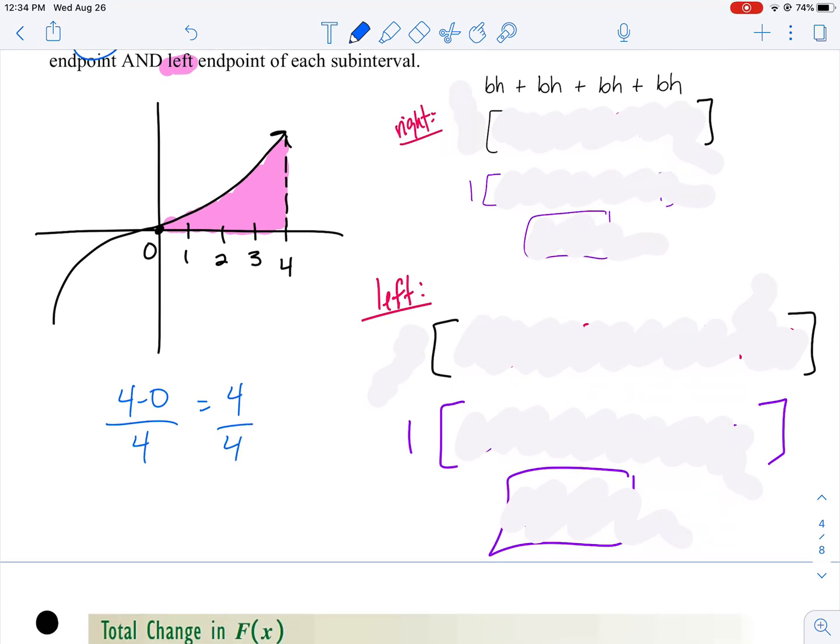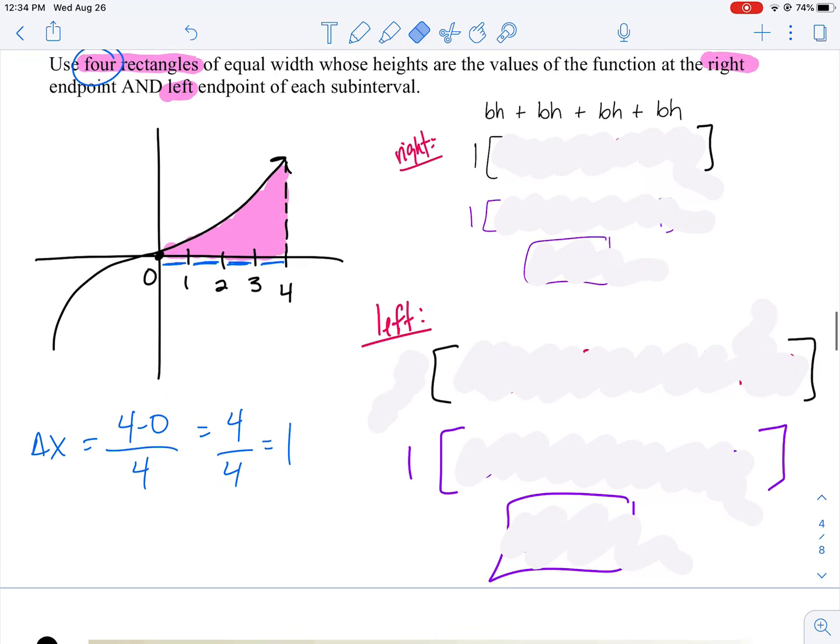If I take my whole entire interval from 0 to 4, that's 4 units, and I divide it into 4 rectangles, how wide is each of our rectangles going to be? 1, right? So that means our widths, or our delta x's, are all 1. The width of the first rectangle is 1, the width of the second rectangle is 1, the width of the third rectangle is 1, and the width of my fourth rectangle is 1. If all the bases are the same, can I GCF out that 1?